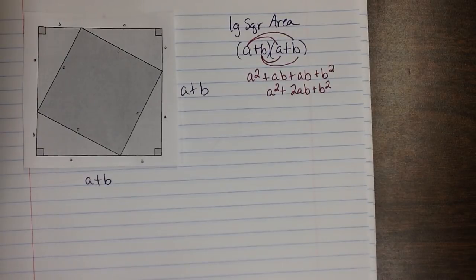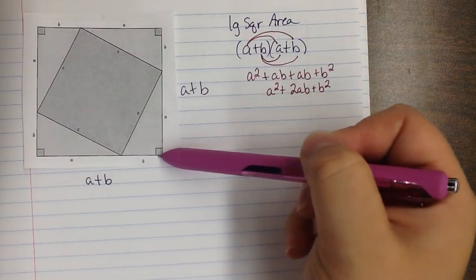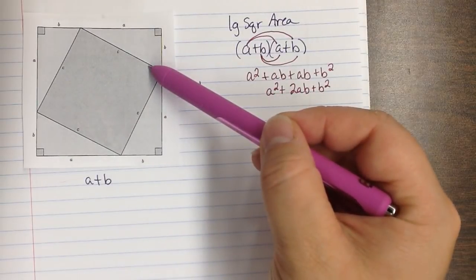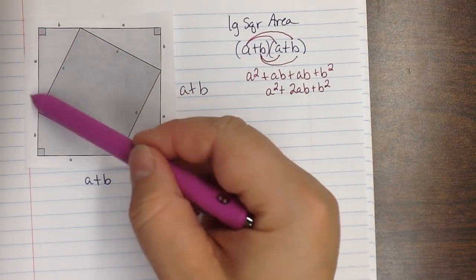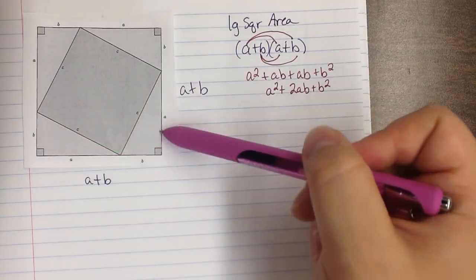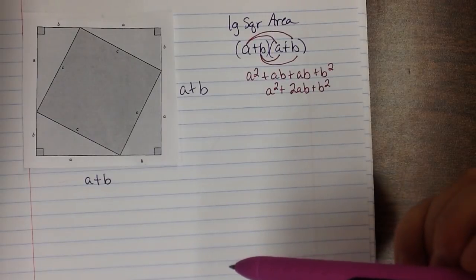Okay? Are the four triangles with side lengths A and B congruent? So if we look at this, if this is B, this is A, this is C, B, A, C, B, A, C, B, A, C. So they all have the same side lengths. Okay, so they are congruent.